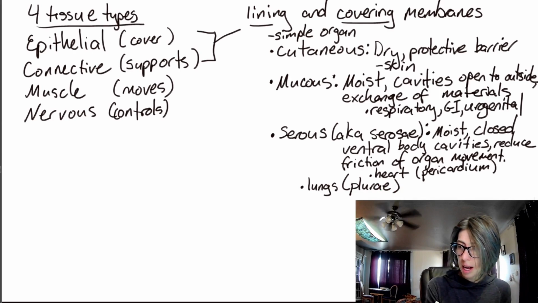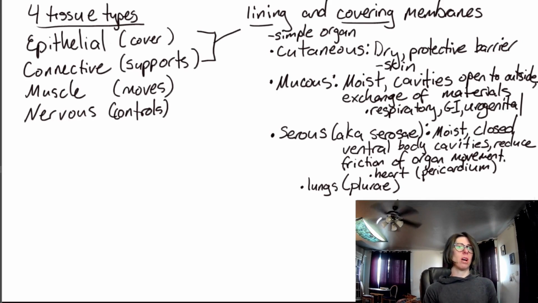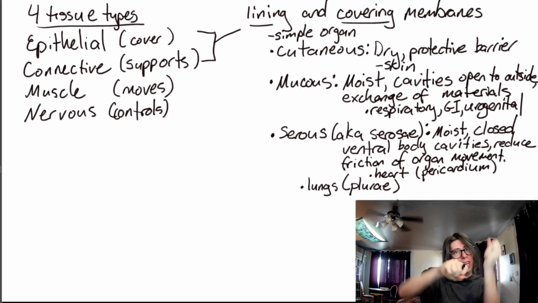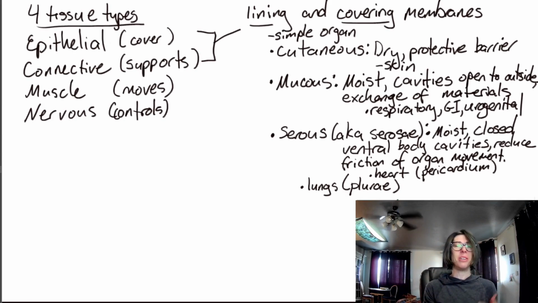And the last one is in the abdominopelvic cavity. So all the organs in the abdominopelvic cavity are covered by the same serosa. If you think about it, your intestines are incredibly dynamic. They're squishing food and moving it through, and they move a lot, and you don't even notice it.